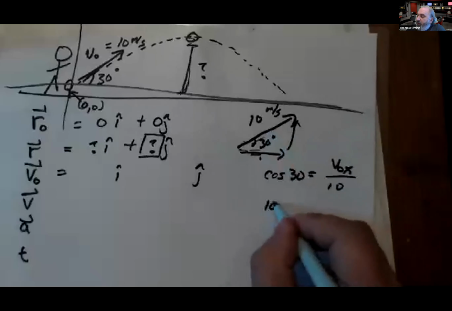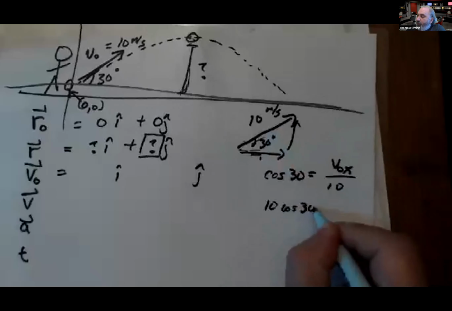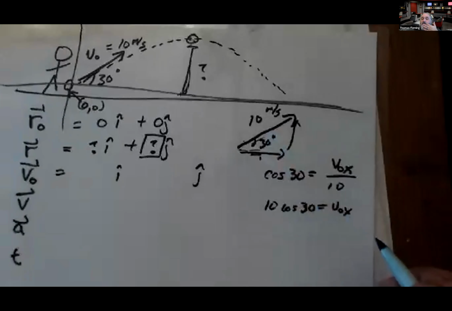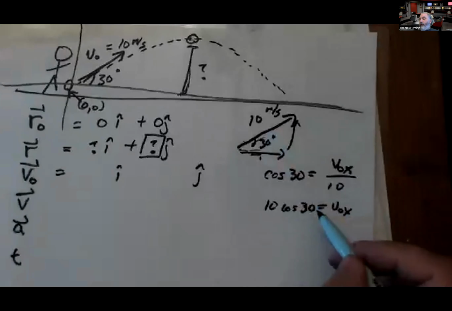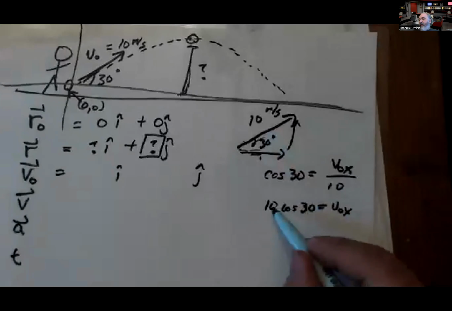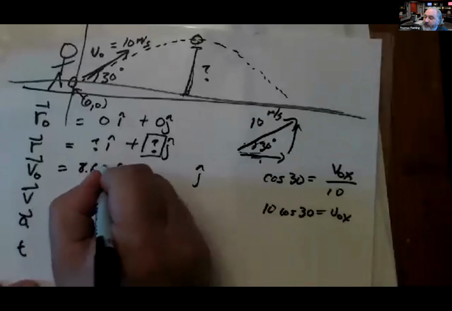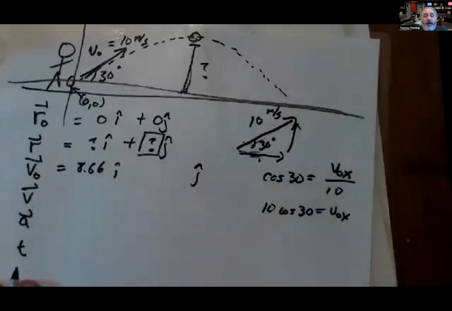So 10 times the cosine of 30 is v initial x. Super easy. That's the square root of 3 over 2, which is about 0.866, times 10 is 8.66. So 8.66 i hat.